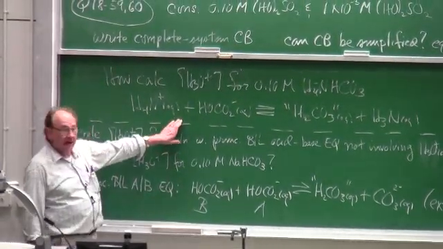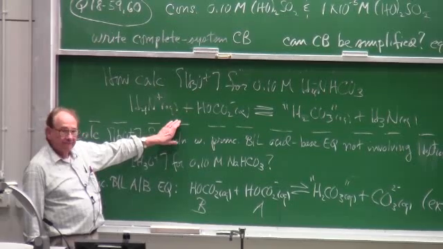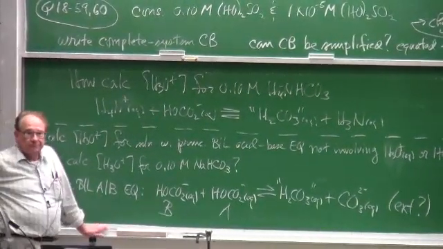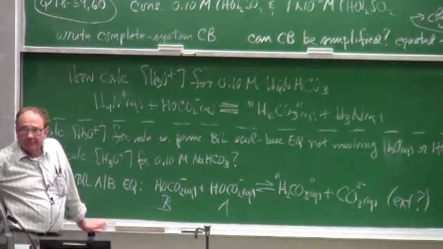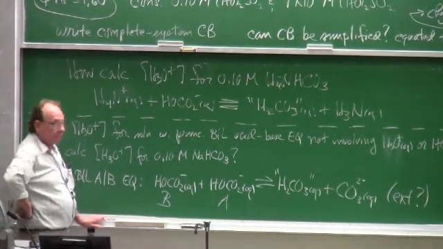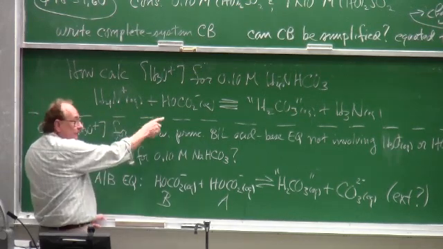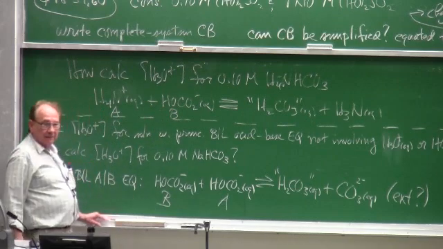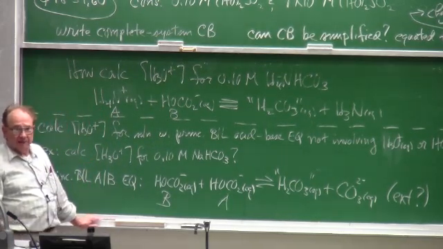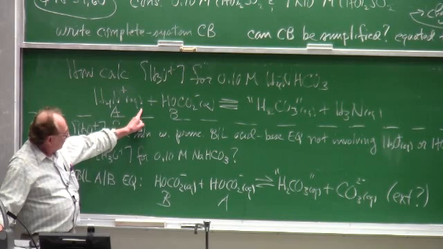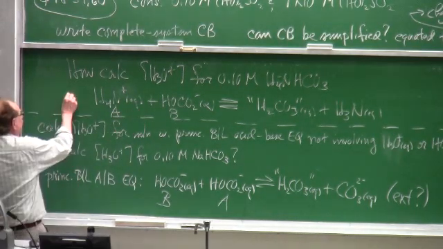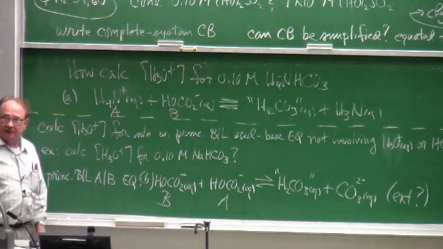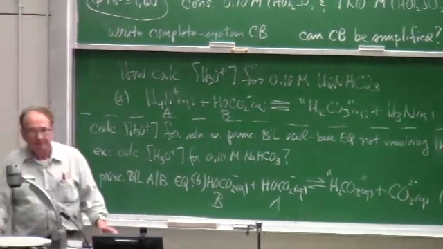How will the extent of this reaction compare to the extent of this reaction? Do you see at a glance that for this equilibrium, the ammonium ion is behaving as the Bronsted acid, and the bicarb ion behaves as the Bronsted base? So I repeat, how does the equilibrium of this, let's label it as A, compare to this, we'll label that as B. Which one has the larger equilibrium constant, A or B?